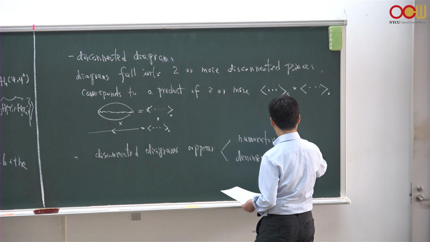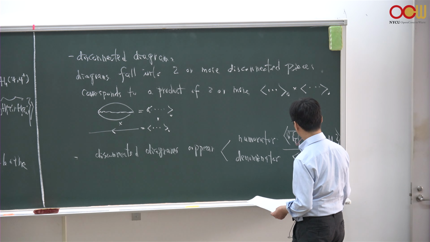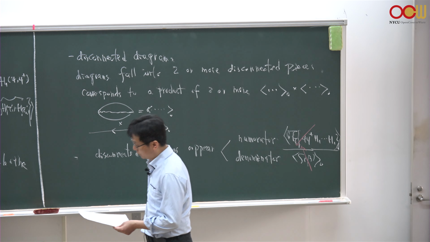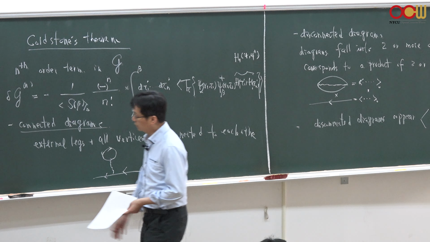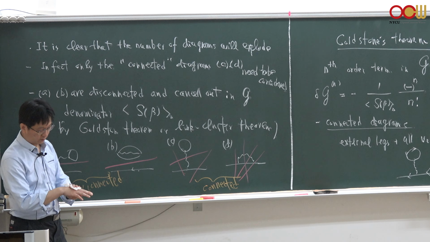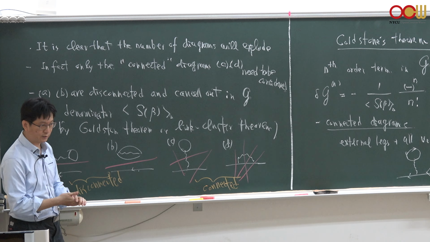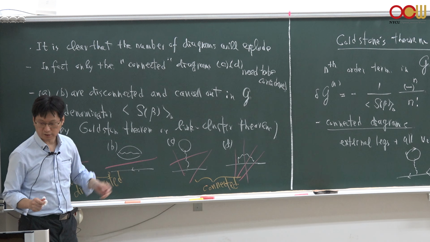So this is the numerator and also S of beta. They get cancelled, and this is why we don't worry about these disconnected diagrams. From now on, we don't even bother to draw these disconnected Feynman diagrams because they will be exactly cancelled by this S of beta in the denominator.